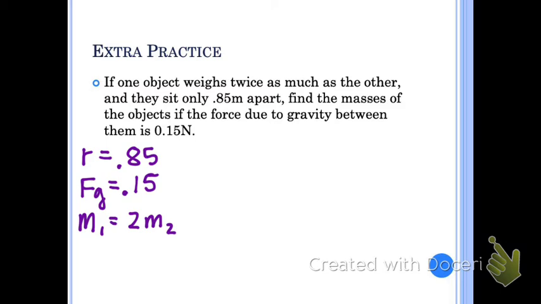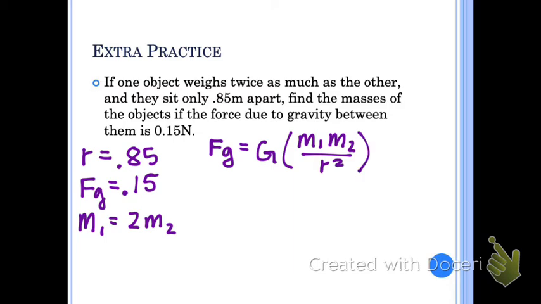Okay, so let's go ahead and look at our regular equation. FG equals big G times M1, M2 over R squared, right? That's what it really looks like. If I put in the numbers, 0.15 equals big G. I don't have M1 or M2, but I do have this term right here that I can substitute in.